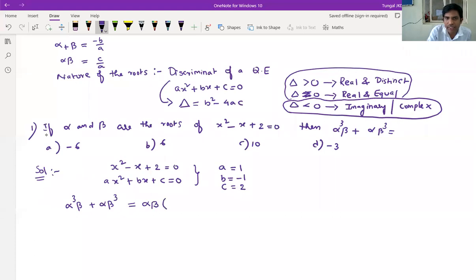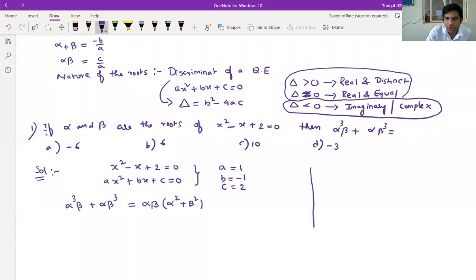Then what remains? From the first term, alpha and beta taken common, alpha square remains. From the second term, alpha and beta taken common, beta square remains. Understood? So from alpha cube into beta plus alpha into beta cube, alpha beta taken as common, this one remained.